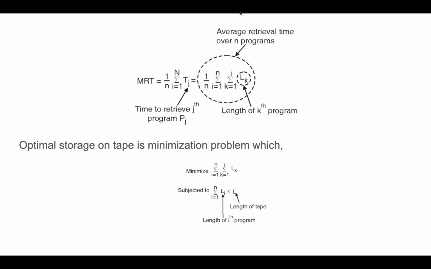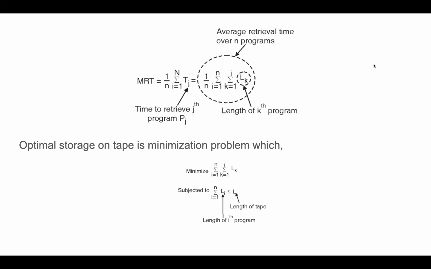6 programs were there, so we considered the lengths of the first 5 programs, and then divided it by 6, the total number of programs. Getting it? This whole summation is just a formula. In the example we already saw, we had 6 programs on a tape.